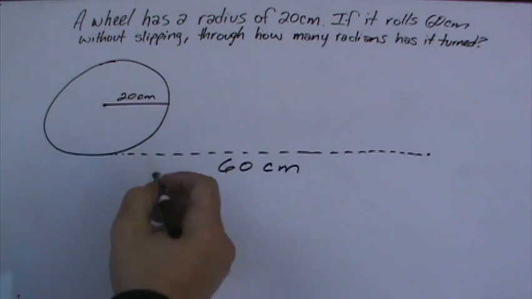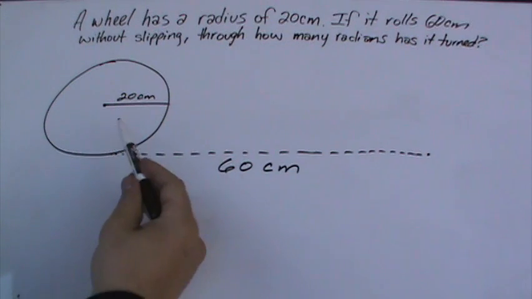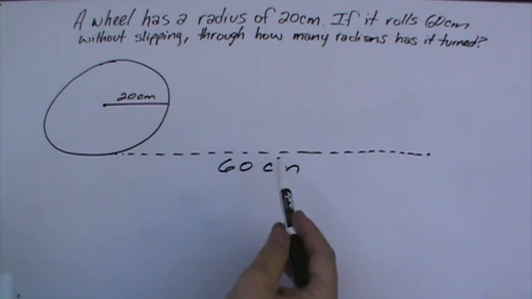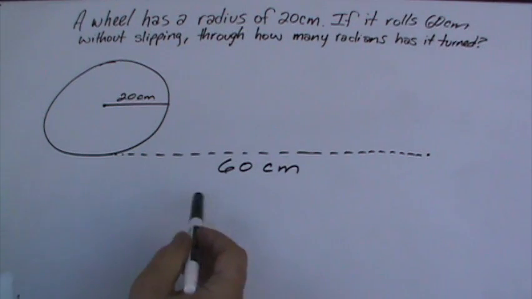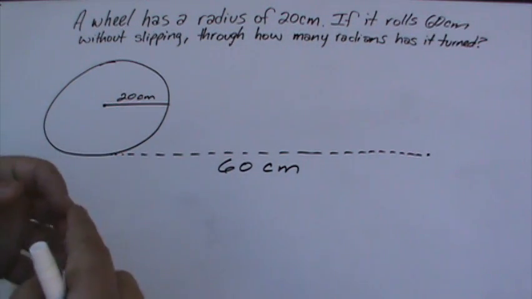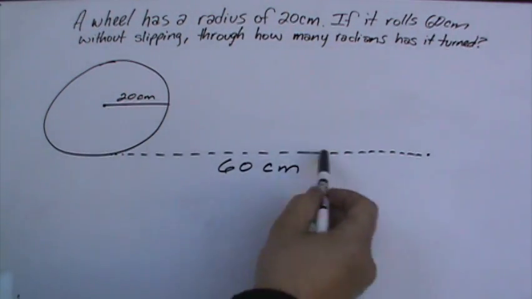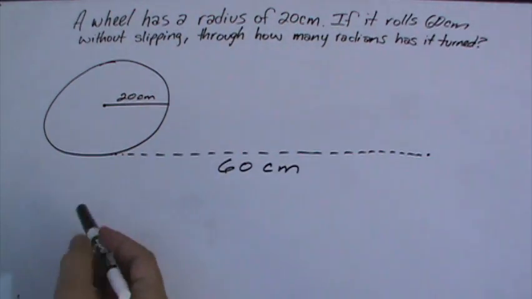So the first thing we should try to figure out is, is this an area problem or an arc length problem? The way to think about this is like sewing thread. You know how sewing thread is wrapped around something circular? So pretend this is the sewing thread here.